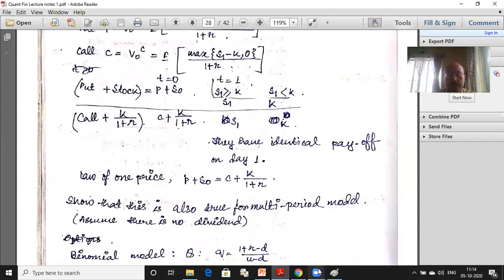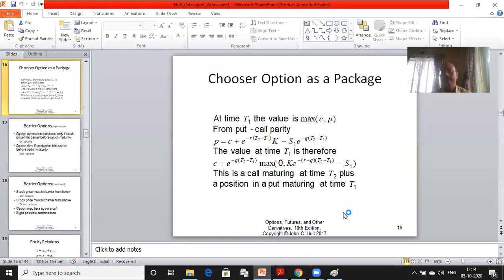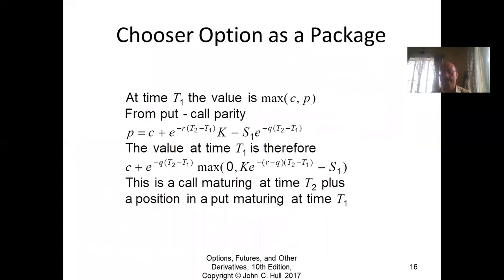Okay. So now I will want to go back to my menu of contracts. We have already talked about the chooser option, where we have used the put call parity explicitly. Now you can see that this is the version of put call parity for continuous time compounding. In the result that I just showed you, we were doing discrete compounding. We are dividing by 1 plus r or multiplying by 1 plus r for each period.